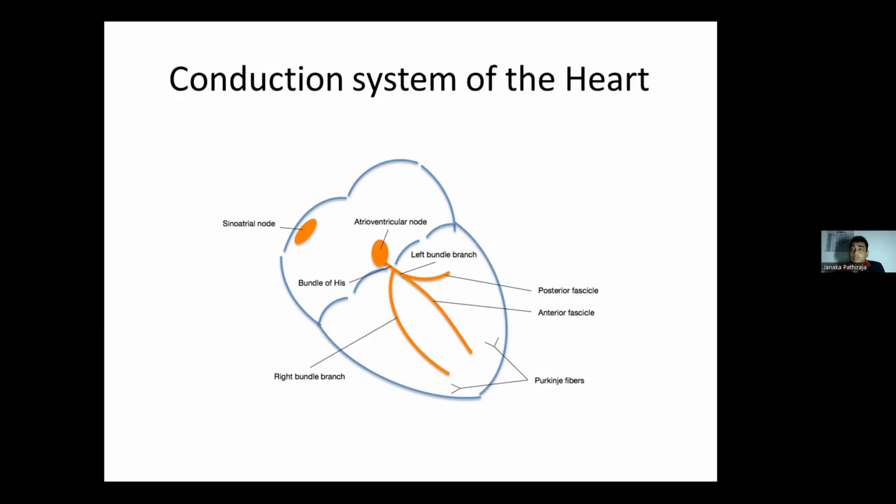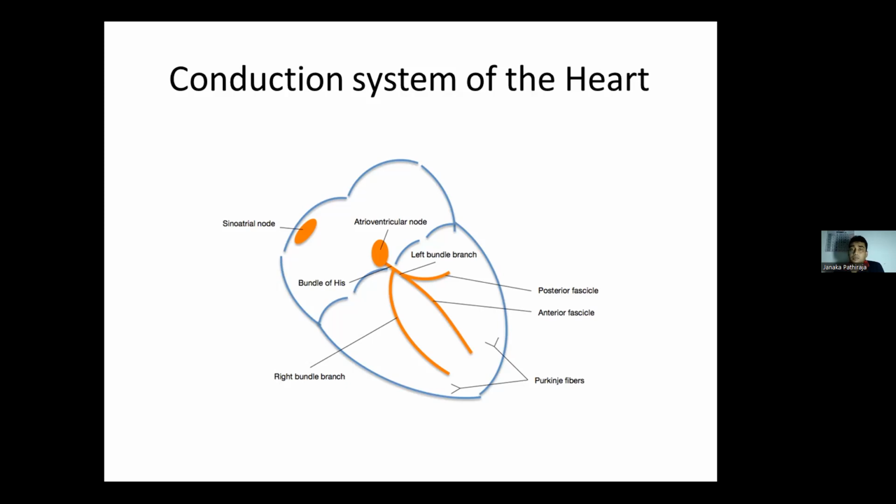So impulses start from the SA node and travel through the atrial muscles and come to the atrioventricular node. Then from there it comes to the bundle of His, and then it is divided into left and right bundle branches.